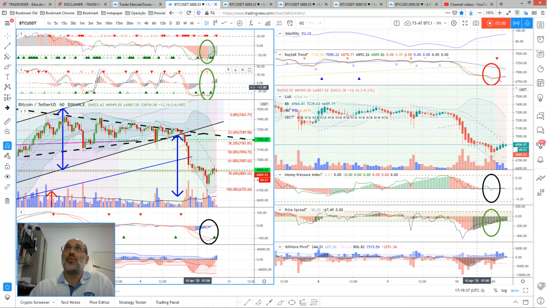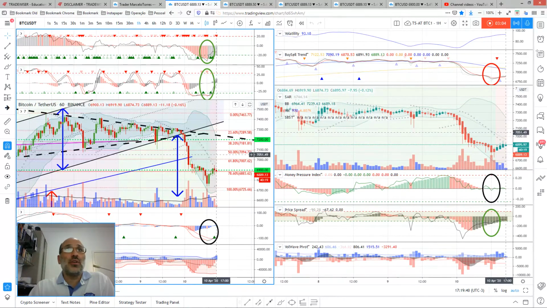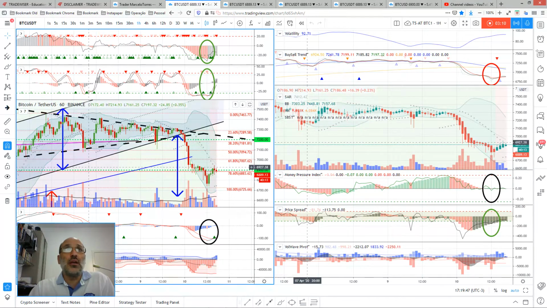Okay. So for instance, there's another point. I always keep my eye to see how the trade is going. What are the figures that are being built while the prices do their movement, their accumulation, and so on.